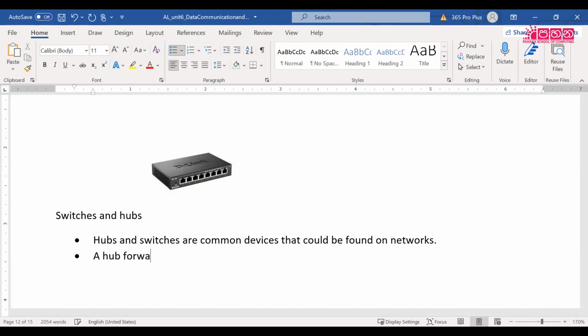A hub forwards incoming data to all outgoing connections.